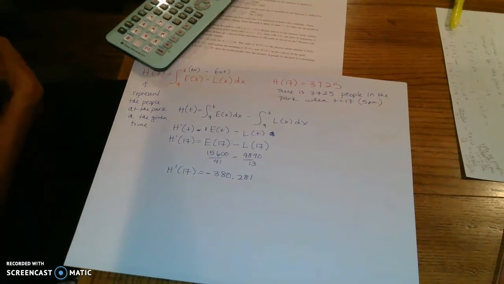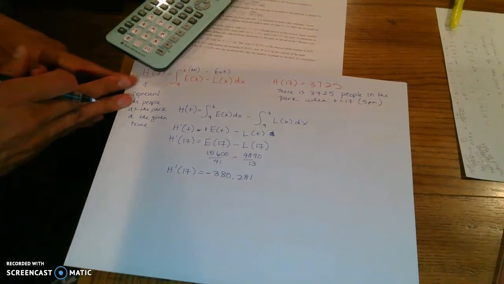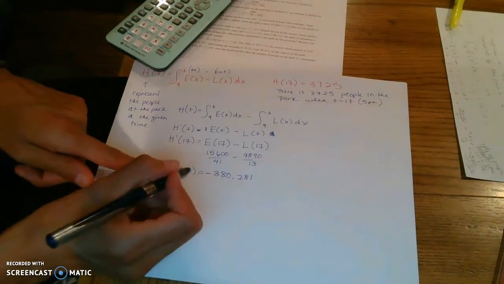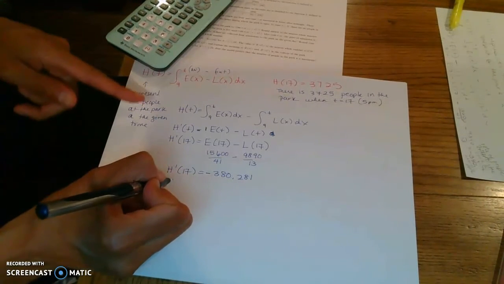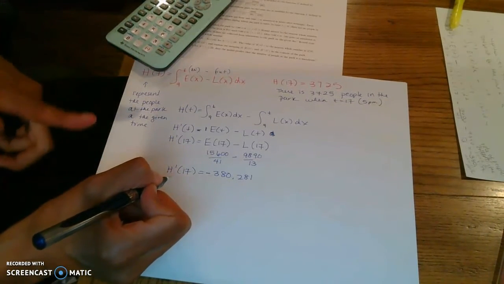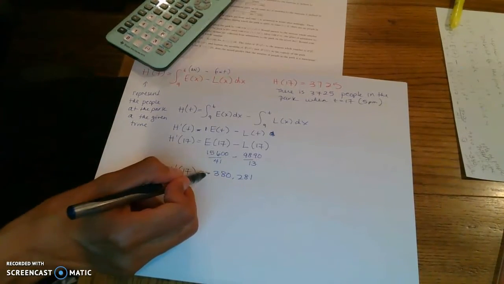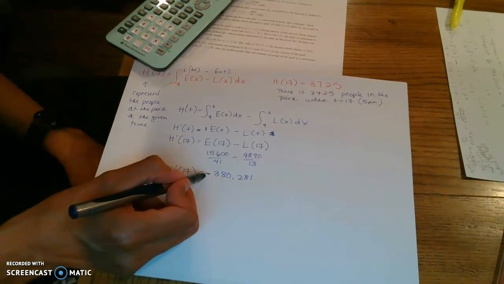So now think about it. If h of t represented the people at the park at a given time, well, h prime of t is going to represent the rate of people at the park. So if it's negative, that tells me that the rate is decreasing.